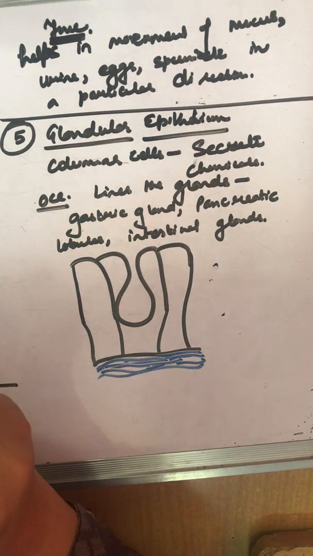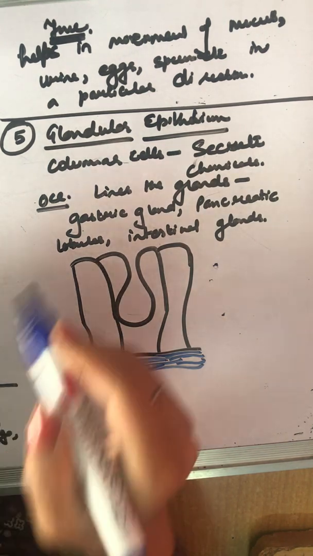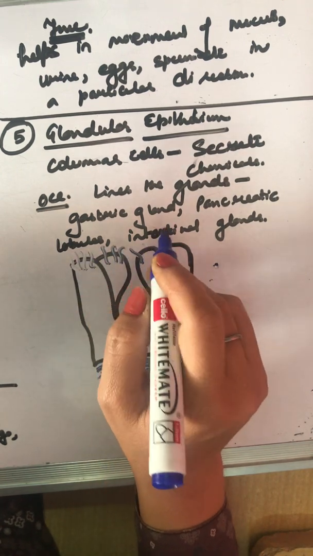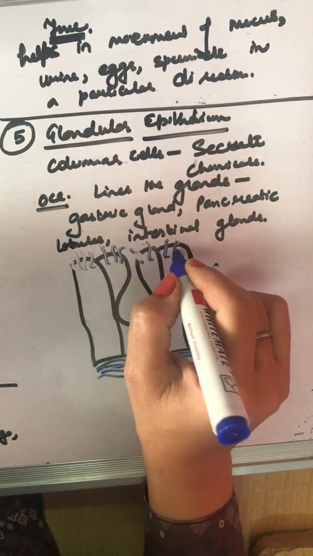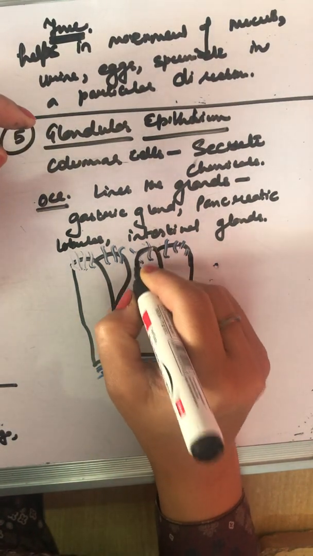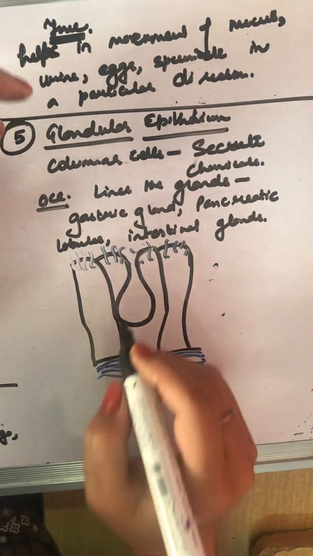And on the top, they may bear cilia, the hair. Clear? This is what is the structure that looks like.